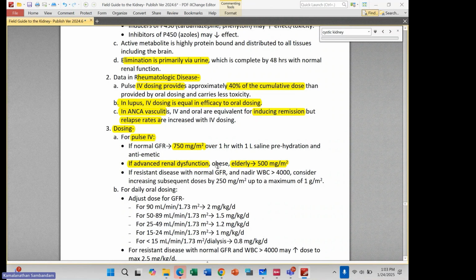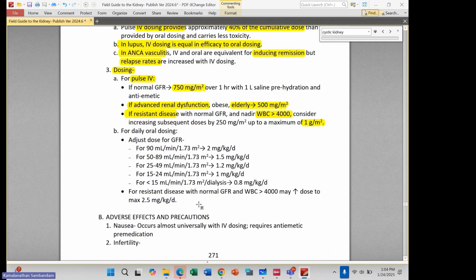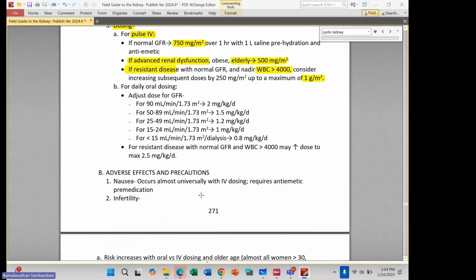If you have an obese patient, I generally use the idealized body weight in order to prescribe it instead of just using their BSA and not correcting for the habitus. Okay, if they have resistant disease and you're not leukopenic, you can increase the dose even further than 750 milligrams per meter squared. I don't do that very often. I've probably done it once in one patient that I can recall.